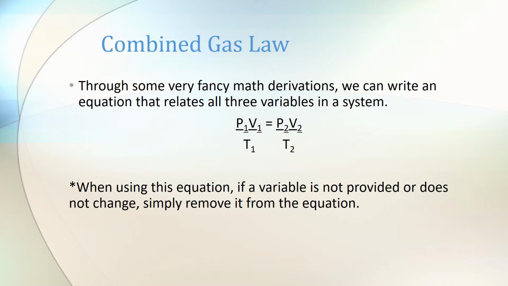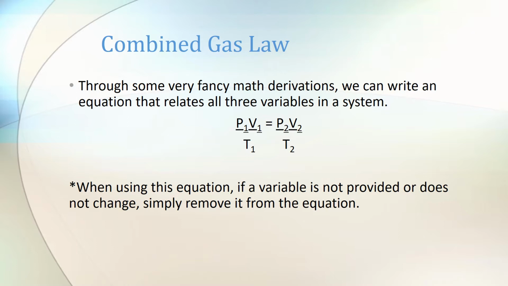To make our lives a little bit easier, we have the combined gas law. We could derive this through mathematical equations, but we're not going to. This is an equation that now relates all three of the variables in a system: pressure, volume, and temperature. Note, you can use this equation on every single problem.